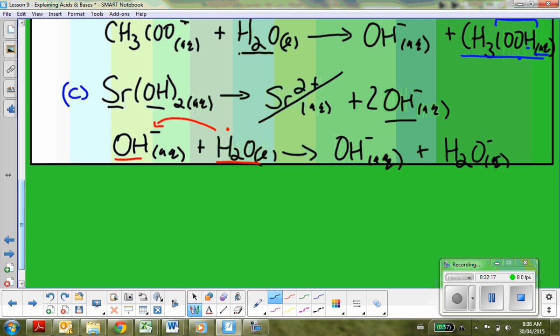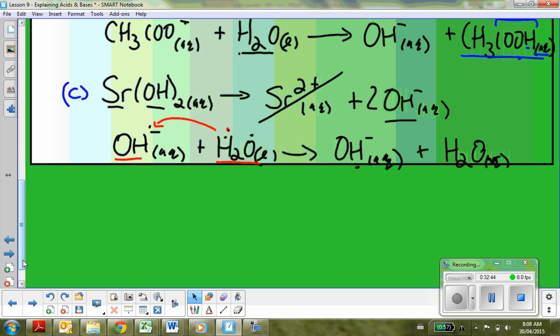Let me erase that. Okay, so we took that H and added it over here. And then we'd have one O and one H left, and there's that OH there. So the left side and right side look the same. It looks like the weirdest formula, but again, that proves using the modified theory that that's a base.